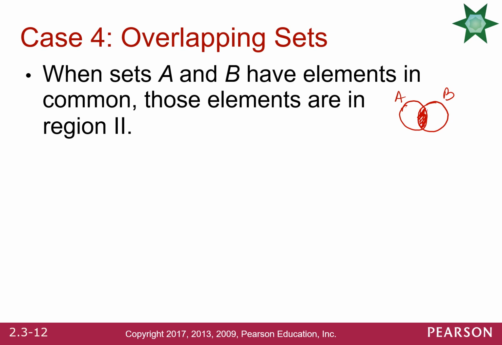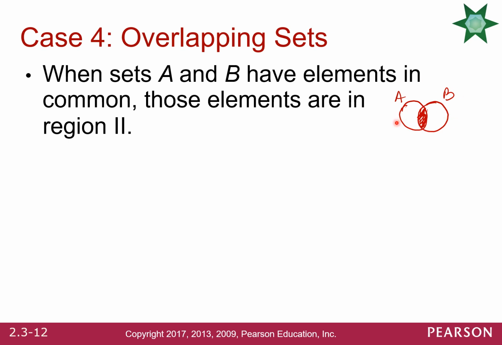For overlapping sets, some elements would be common between the two sets, but there would be elements in set A which are not present in set B, and some in B which are not present in set A. So in that case, all three regions would have elements. None of them would be an empty region.